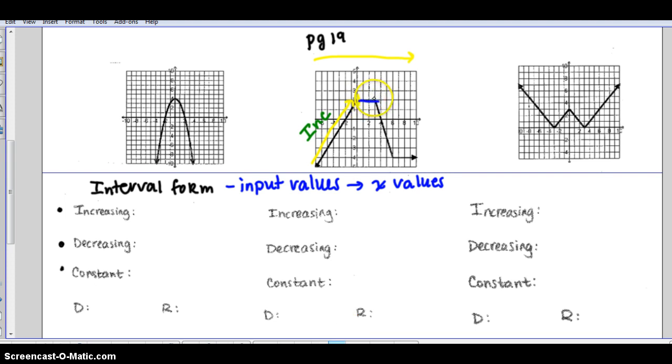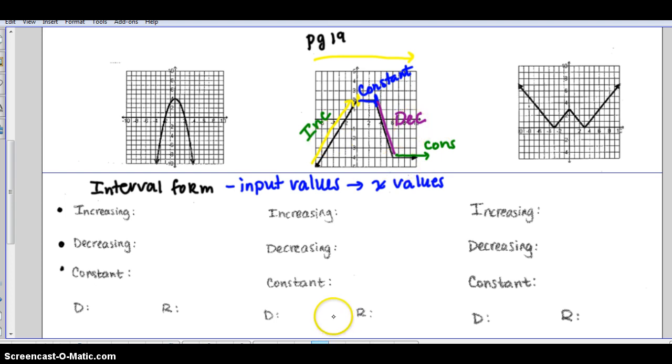It's where you're staying still. So from here to here, the graph is constant. And then the graph has a negative slope, so it's decreasing. And then finally, to finish it up, it's constant again and keeps going. Constant. So we have two constant sections, an increasing and a decreasing.